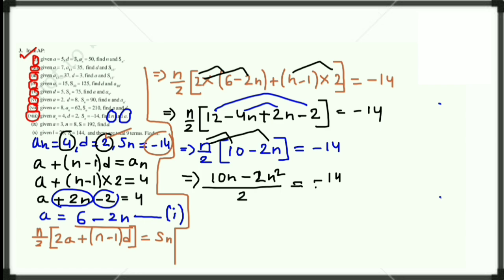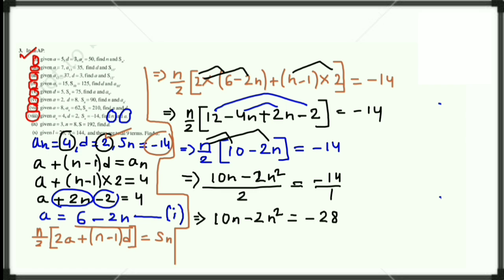Okay, now let's assume here 1. Now after doing cross multiplication, here we obtain 10n minus 2n square equal to minus 28.